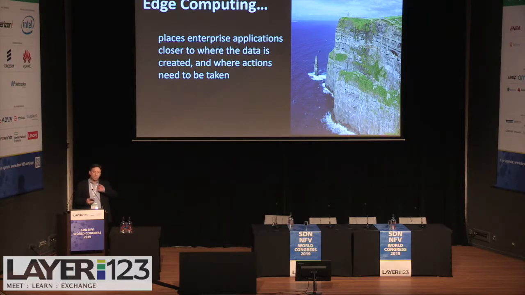So think of the network, think of the data center, out through the core network, out to the edge of the network, and to the far edge and the user edge as well. But it's putting that compute where it needs to be done, in a sensible part of the network. So we take those decisions, we do that compute where it makes sense in the network or in the edge computing platform. So it places enterprise applications closer to where the data is created and where actions need to be taken.